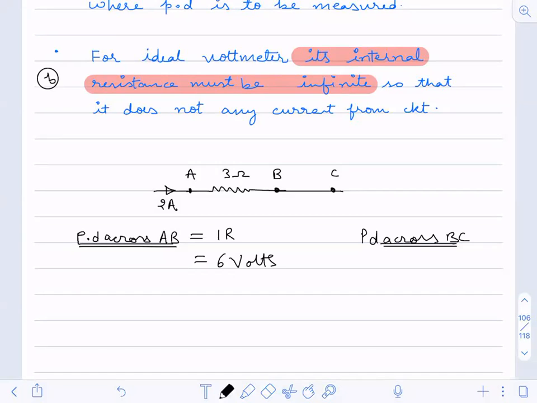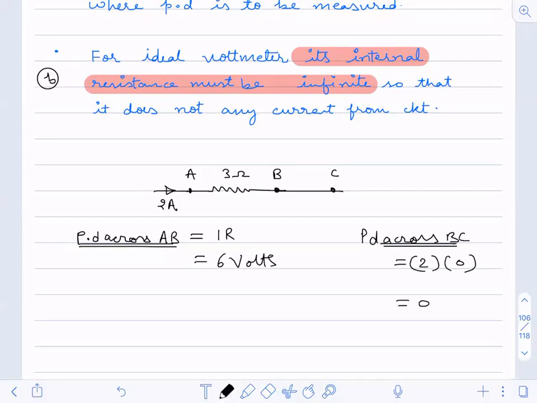What is the potential difference across BC? Zero, very good. V is equal to IR. Current is 2, and what is the resistance there? 0. So it becomes 0. So the potential difference across BC is 0.